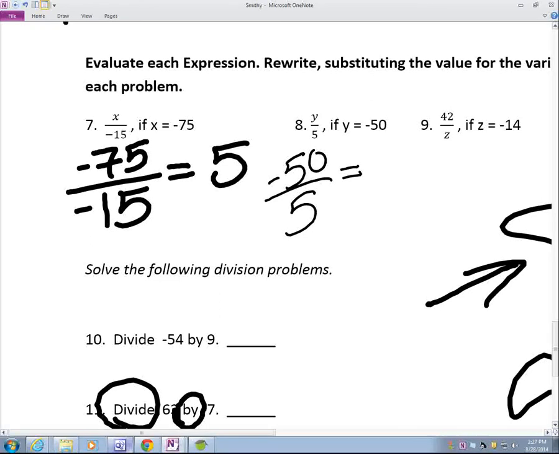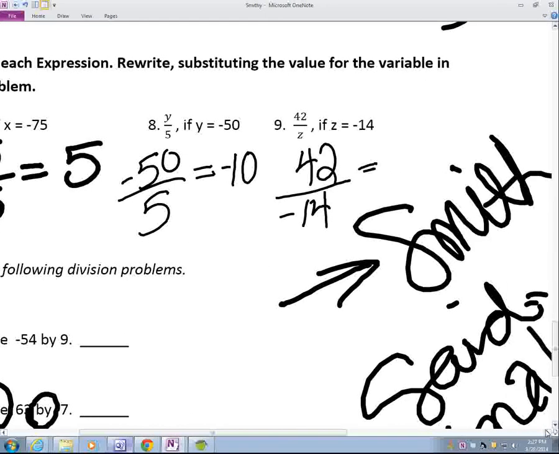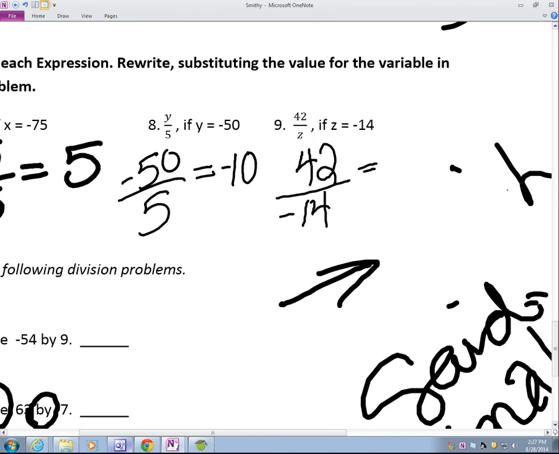Here's negative 50 divided by 5, which equals. So now don't shout out. Max? Negative 10. And we have this one. 42 divided by negative 14.